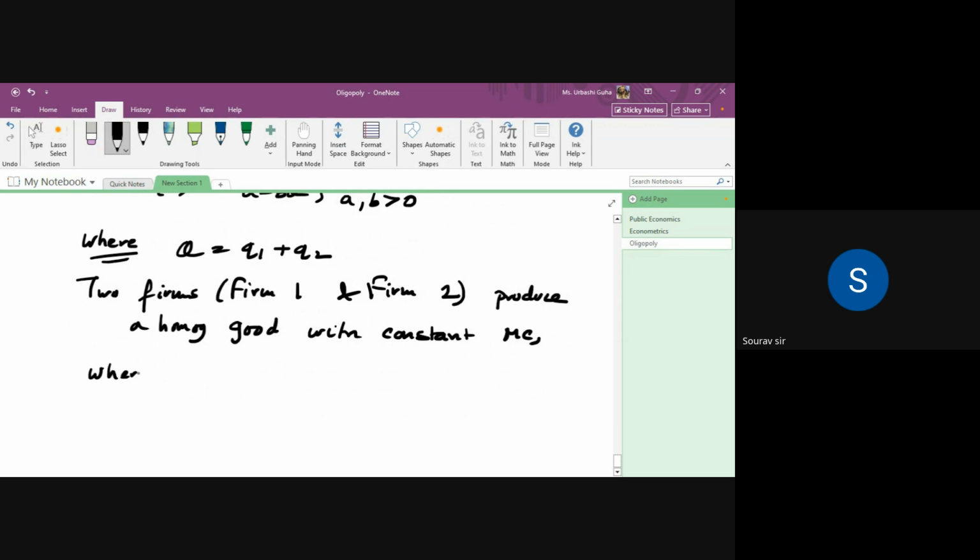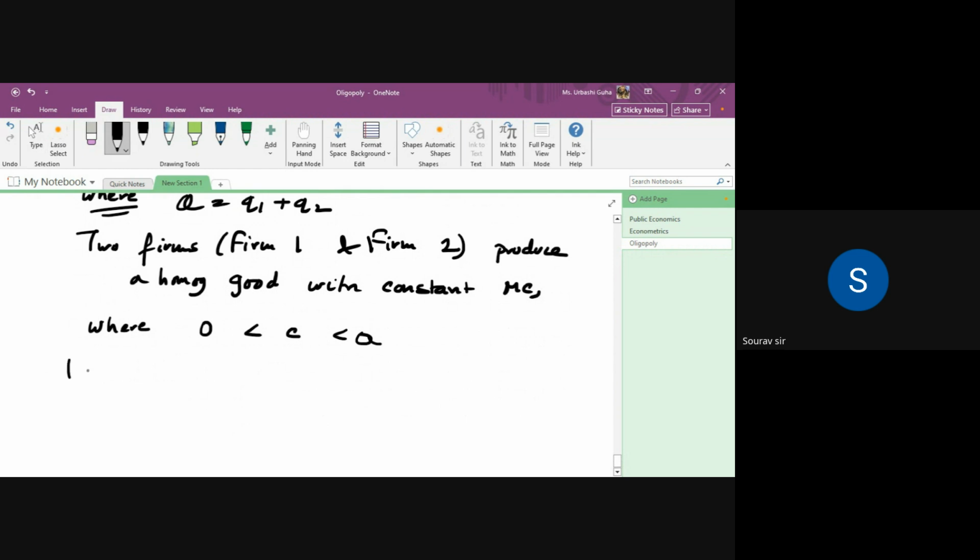Where it's 0, C, and I have taken A. So it is like this. Now, suppose both firms set prices simultaneously.